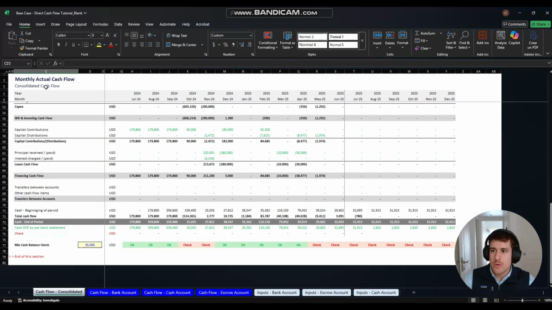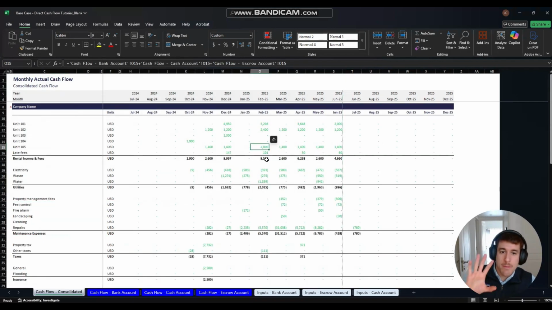So even though this is the consolidated tab and it's the main tab that we will use moving forward, for instance to project the future or get a consolidated view of the total cash outstanding in the company, this is basically the sum of all the individual bank accounts that this company has.